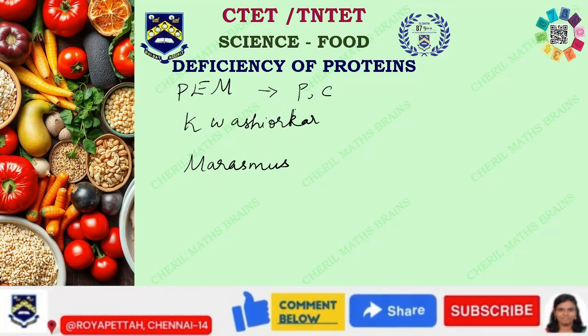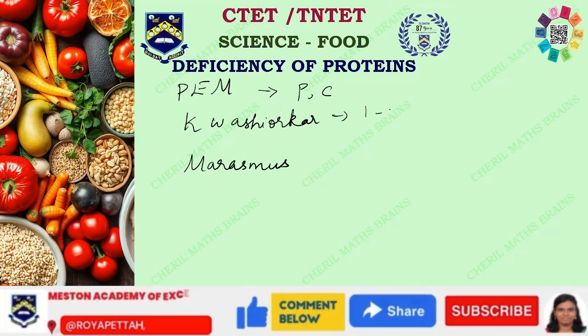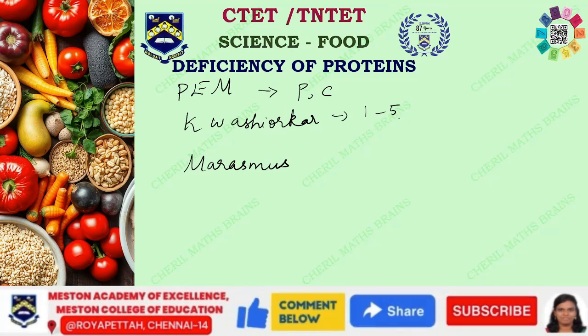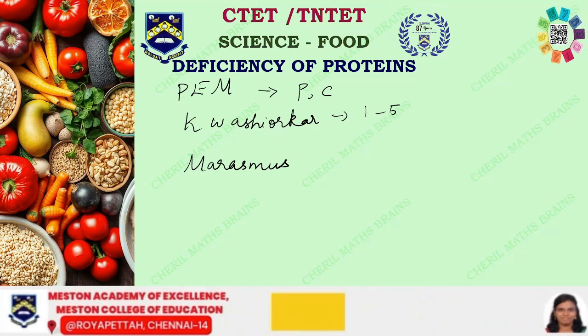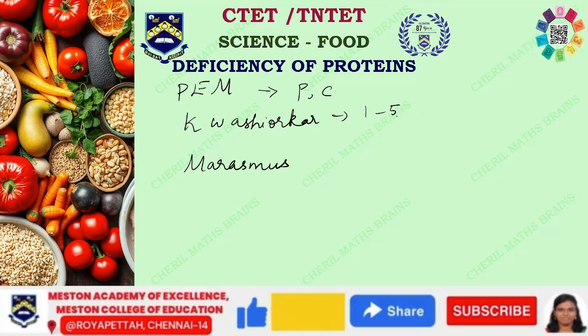Kwashiorkor affects children of age 1 to 5 when they are not fed protein rich mother's milk, and it includes irritability, pathetic facial expressions, cracked skin, swollen abdomen, weak legs, reddish hair. So all this happens in malnourished kids.